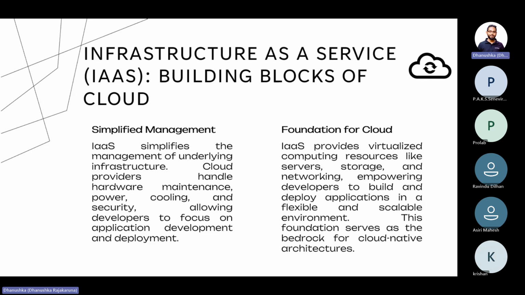Another main thing is global accessibility. It means if we have internet and we have the IaaS service, we can use it wherever we are. Okay. So the use cases of IaaS: hosting websites and applications, big data analysis, disaster recovery.